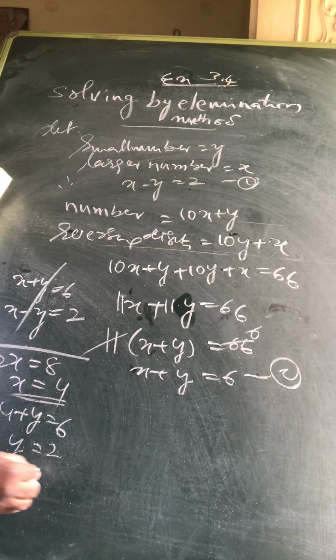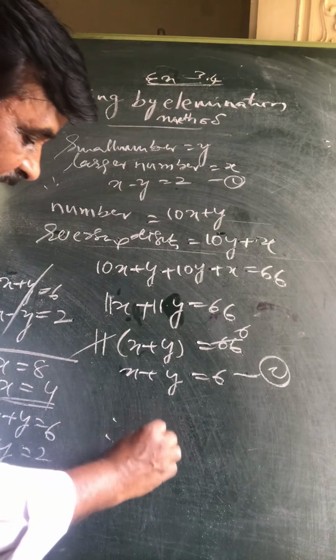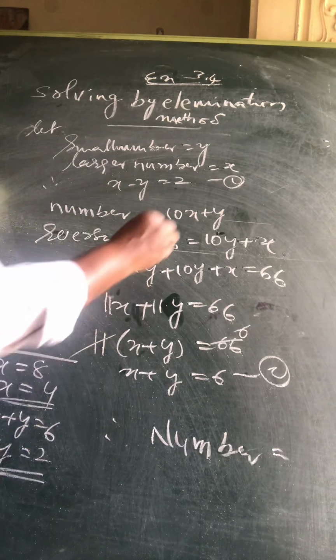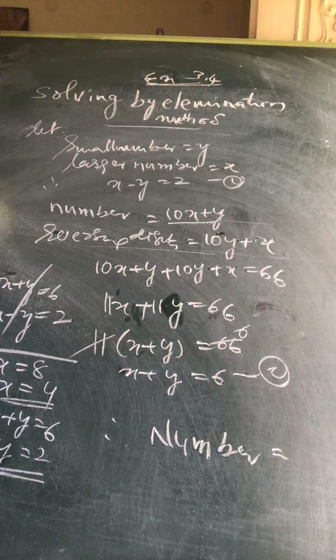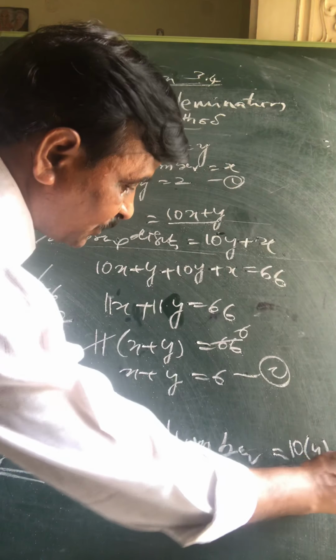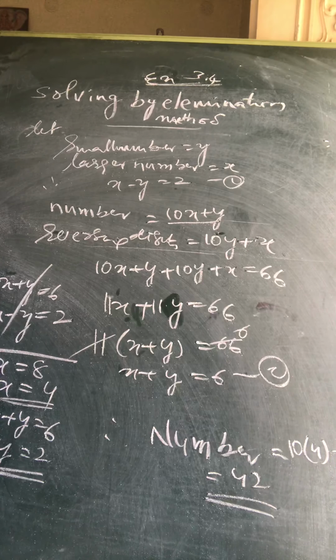X is equal to 4 you got and y is equal to 2 you got. Therefore, the original number we denoted here, 10x plus y, 10 into 4 plus 2 is equal to 42. Are you understood? So the required number is 42.